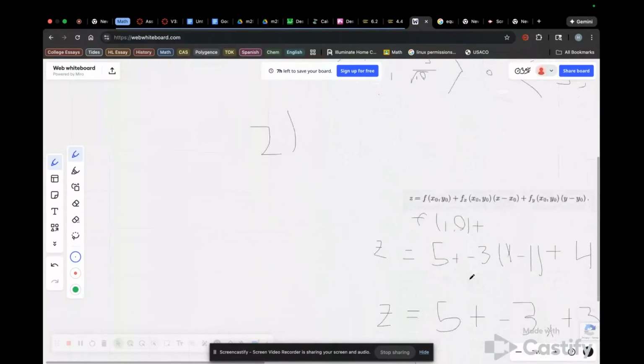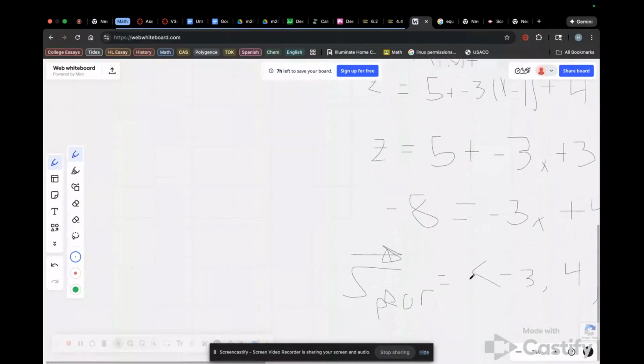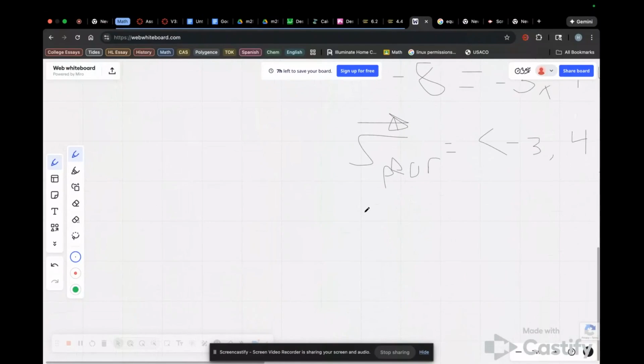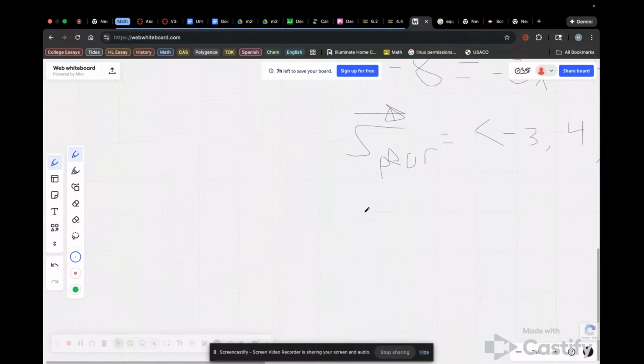Okay, so for this we just do the magnitude of the gradient at that point, and since it's the fastest rate of decrease, it's negative.